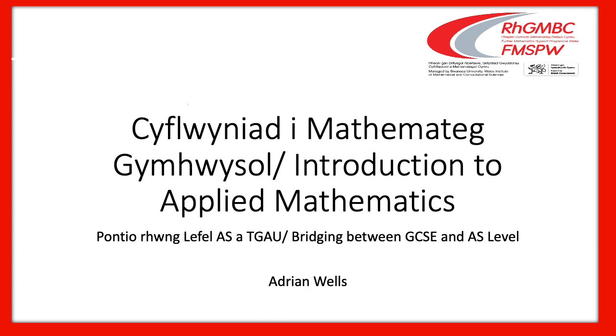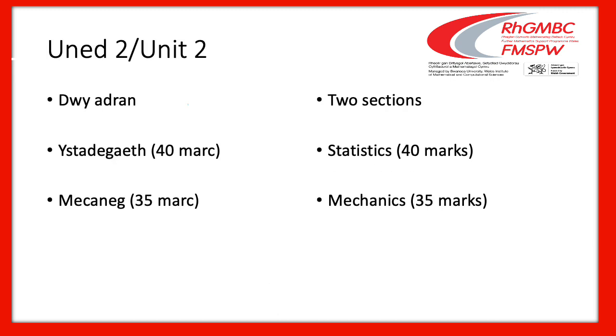So, as I said, my intention is to give you an idea about what sort of things you will meet. I can't teach you in any great depth in this particular recording any of the aspects, but you will meet them in the future. So we've got 2 units, and as I've outlined, there is a slight bias towards statistics in Unit 2.